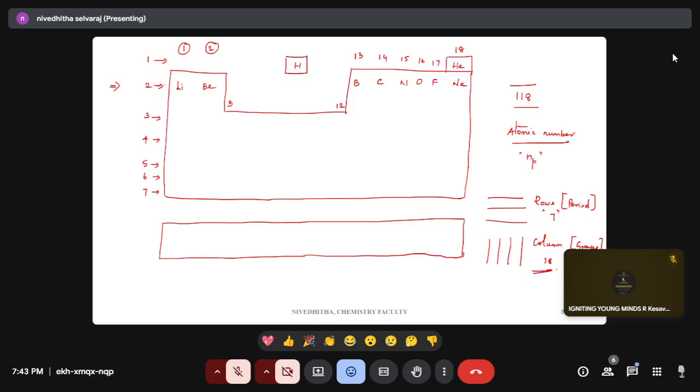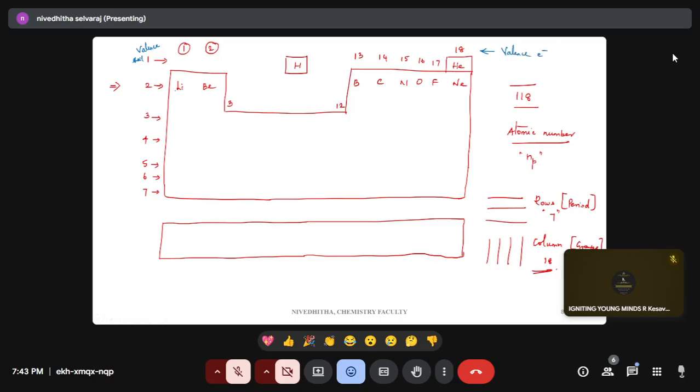So the elements present in the second row, or second period, will have the second shell as the valency shell. So period number represents valency shell and group number represents valency electrons.